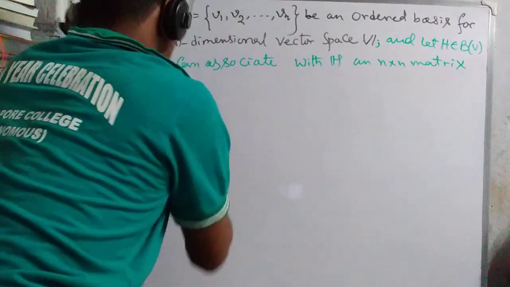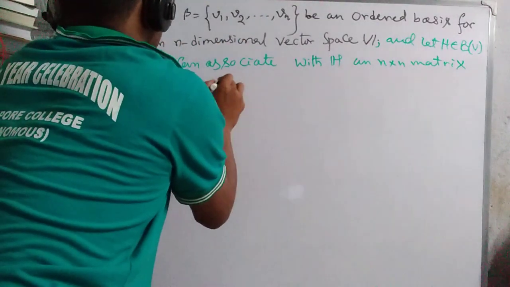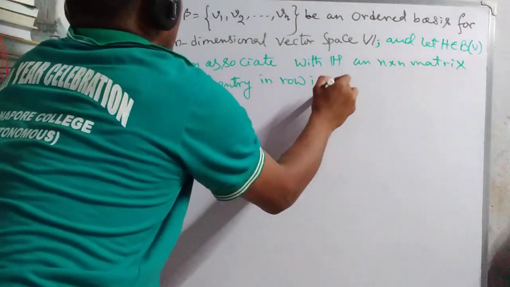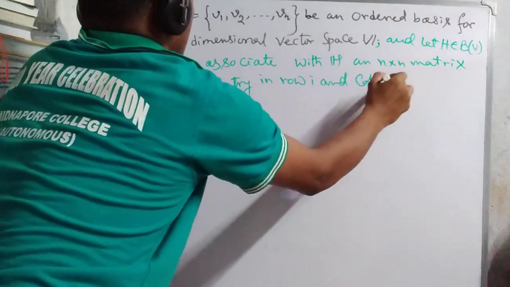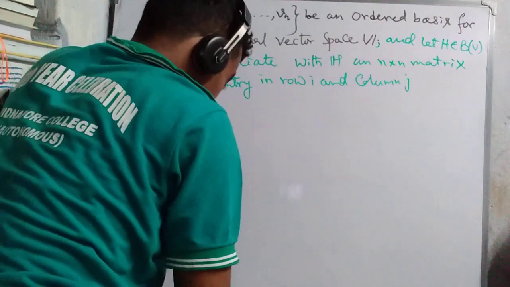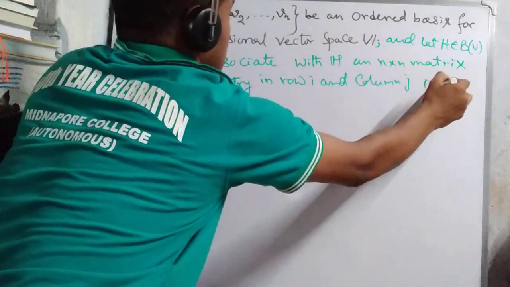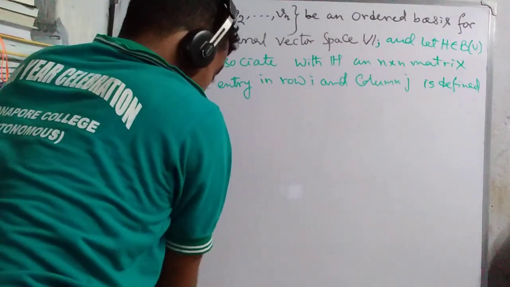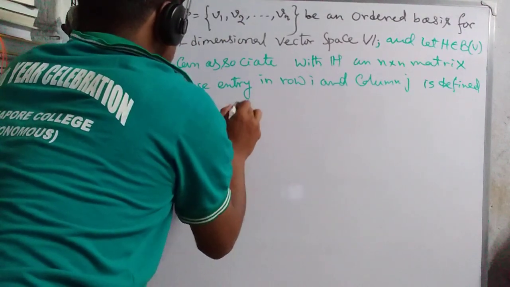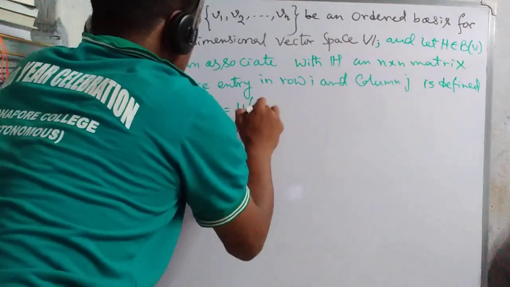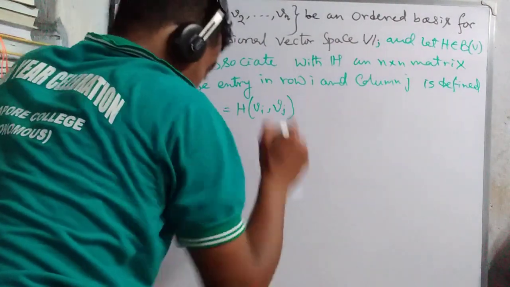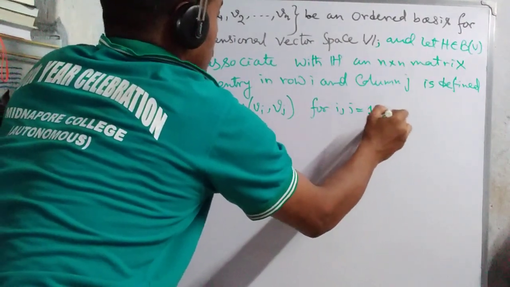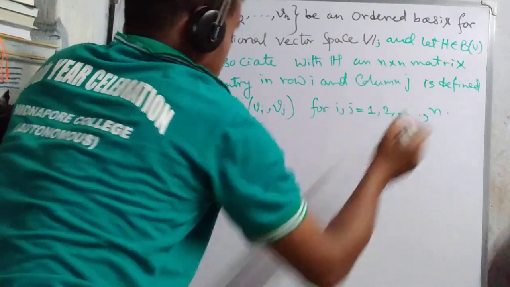Whose entry in row i and column j is defined by Aij equal to H(vi, vj), for i, j equal to 1, 2, ..., n.